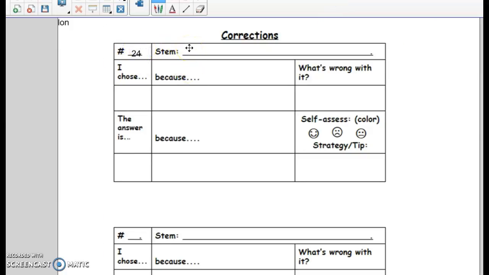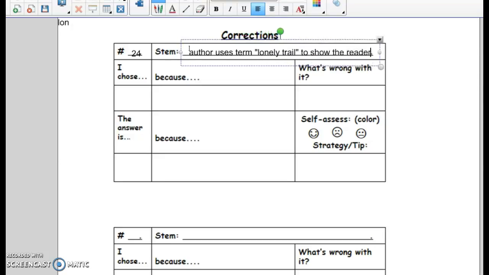The stem was, the author uses the term lonely trail to show the reader. But what you chose, like I said, if you put B, you need to tell me the reasoning behind B. I'm going to put D because most people chose that, because I thought one trail equals lonely trail.